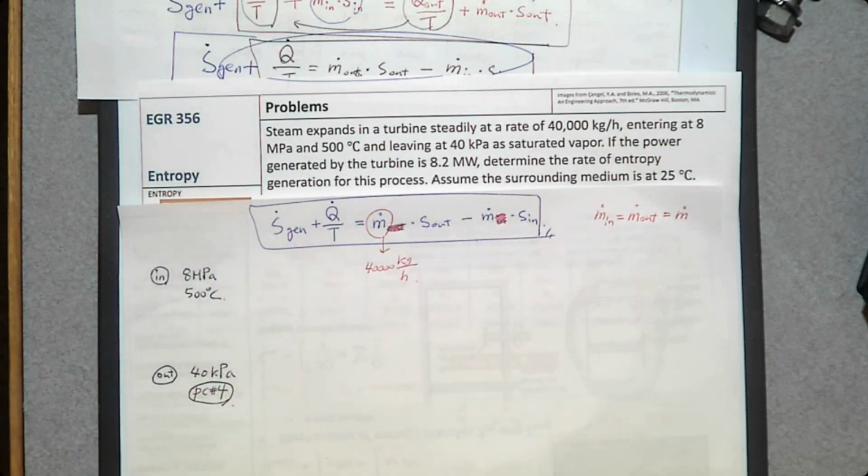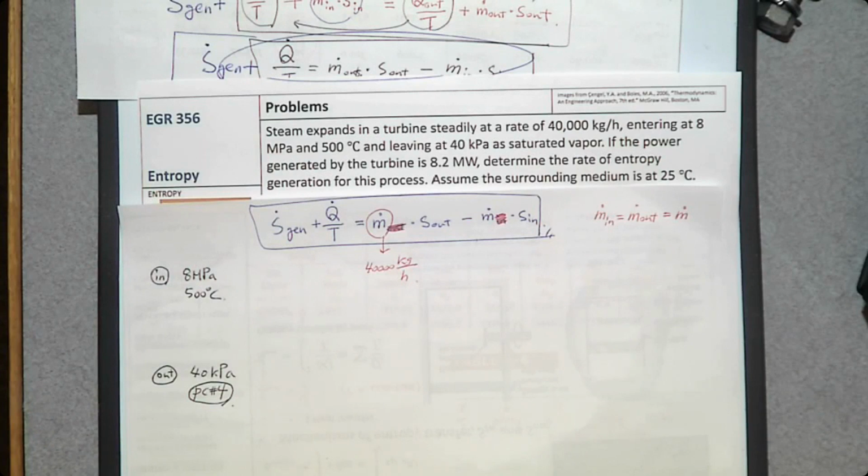If the power generated by the turbine is 8.2 megawatt, we want to determine the rate of entropy generation, which is this one. S gen is the entropy generation, S dot gen is the rate of entropy generation. Assume the surrounding medium is at 25 degrees Celsius.